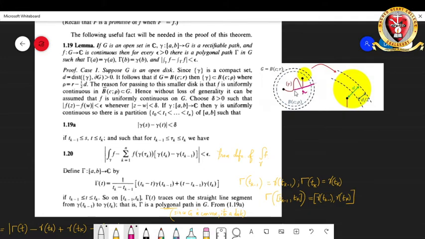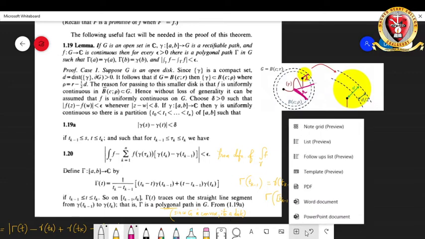So we have to understand what this is. This is rho. So rho is defined as R minus d by 2. If this is d, what we did is we take d by 2 and subtract it from R, so that will become rho.